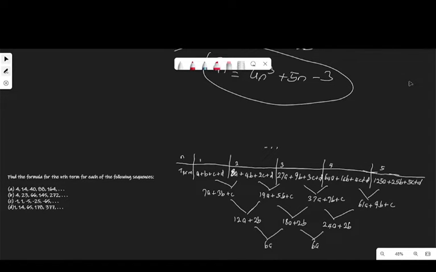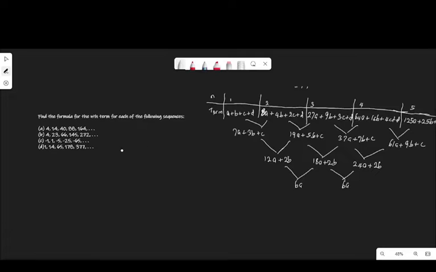Now moving on to the third question, which is minus 1, 1, minus 5, minus 25, minus 65, and so on and so forth. Let's take the differences, starting with the first order difference. Let me write the sequence first: minus 1, 1, minus 5, minus 25, minus 65.